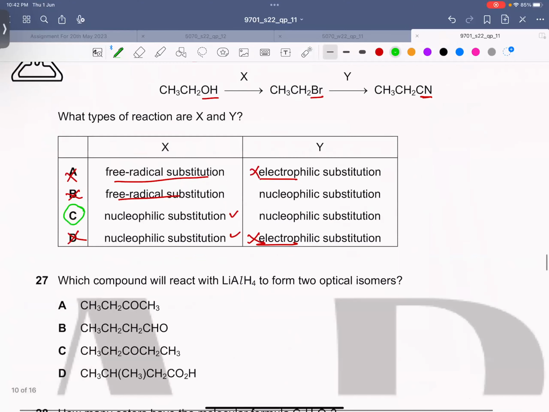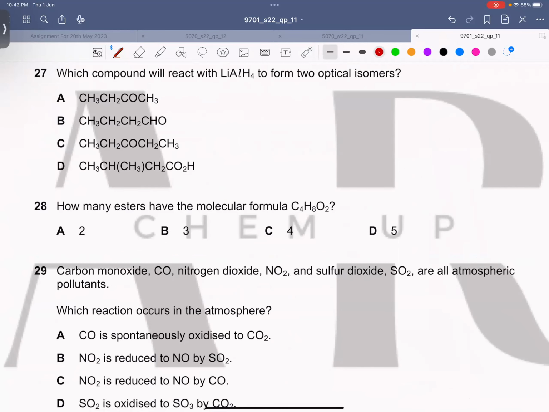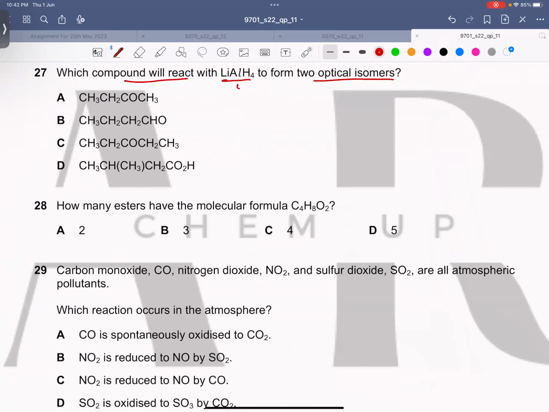Now, question number 27. Which compound will react with LiAlH4 to form 2 optical isomers? It's a reducing agent, so it reduces the substances.